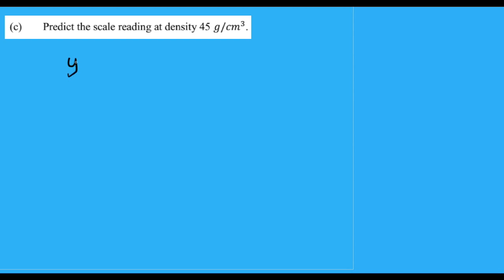Previously, we got y hat equals negative 0.2127 plus 0.1805x.